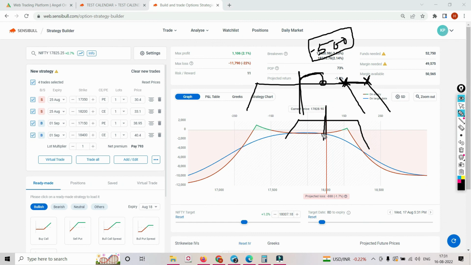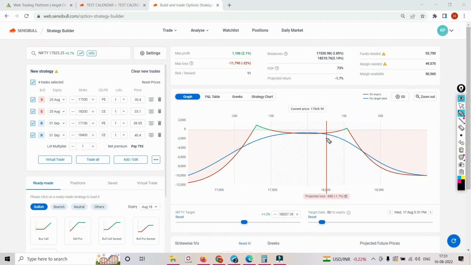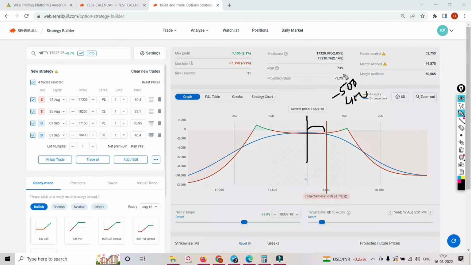So why did I explain this logic here? You'll get to know. Let's say the market was standing here, and on Tuesday or Wednesday the market made a move of almost 0.5% or 0.6%, and you are seeing a loss of 500 rupees, because on day one, in your calendar spread, it is 500, 400 or 300, less than 1000, friends.